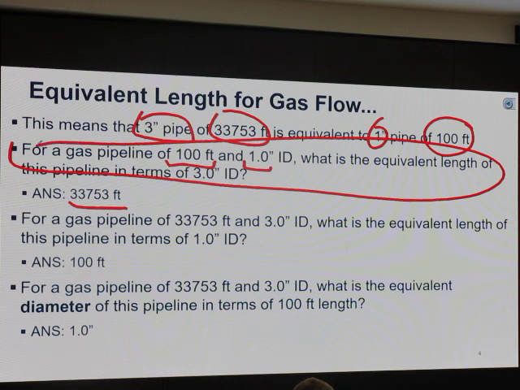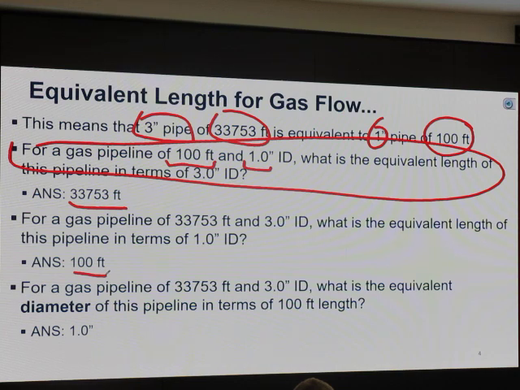For a gas pipeline of 33,753 feet and 3-inch ID, what is the equivalent length of this pipe in terms of 1-inch ID? So you will say 100 feet, because 100 feet gives us the same pressure drop.